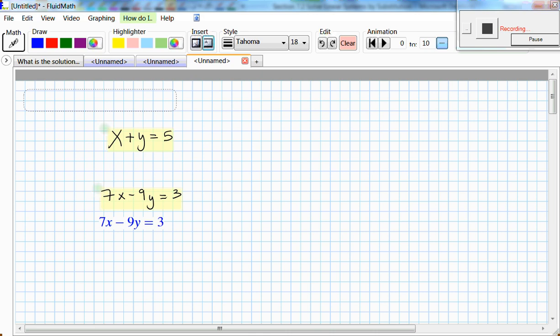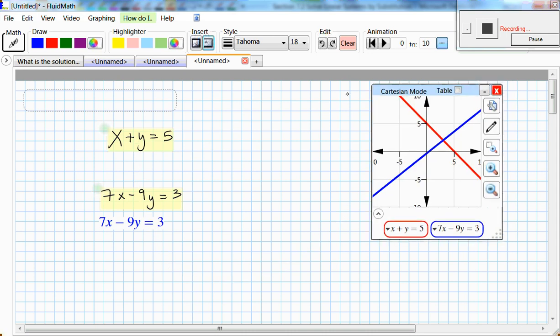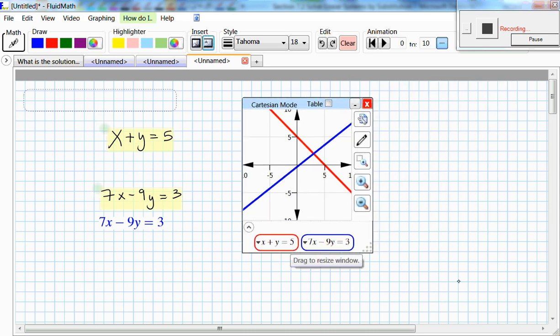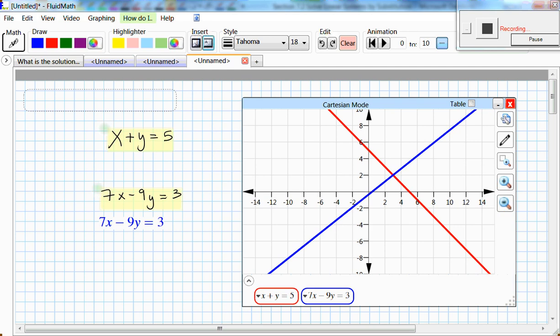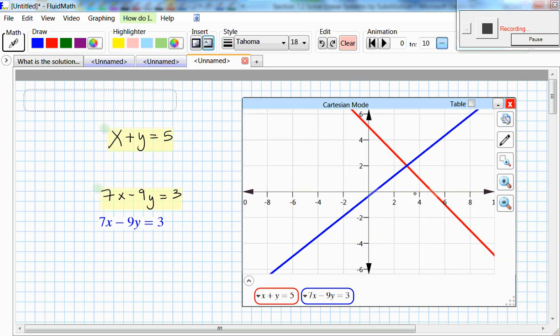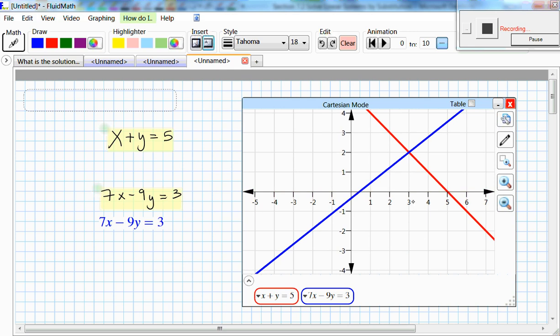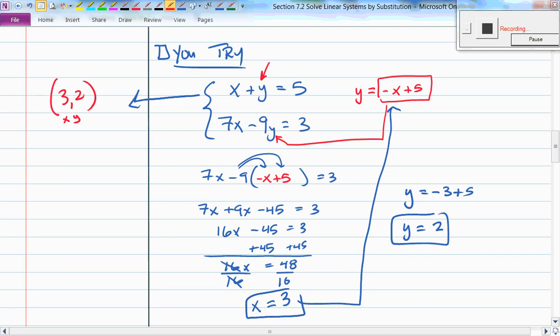So if I did this correctly and didn't make any algebra mistakes or addition subtraction mistakes, when we graph these two lines on the coordinate plane, they should meet somewhere. And where they meet is my solution to my system. And it looks like these are meeting at the point 3, 2. If I just zoom in a little bit more, yep, there we go. 3, 2, which is exactly the same point that I came up with over here. And that is solving systems by substitution.